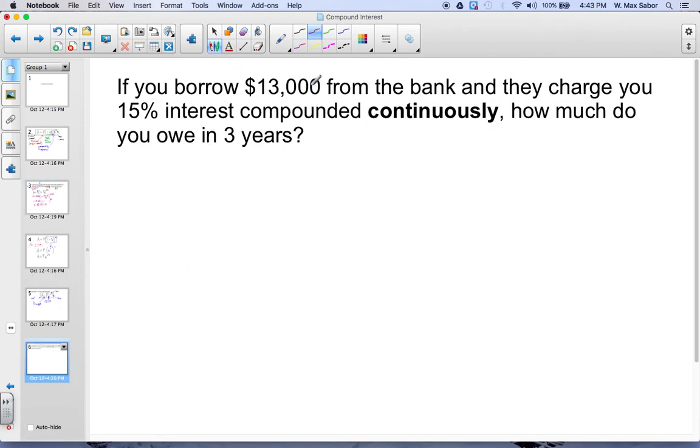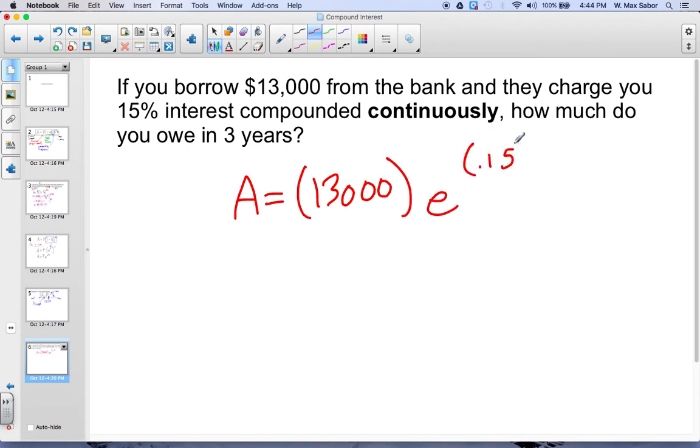So what would it be if we did this continuously? Well, A equals P times e to the rt. So that's once again going to be written as a decimal, 0.15 times t. So 13,000 times e to the 0.45.